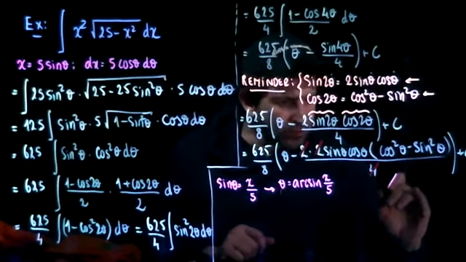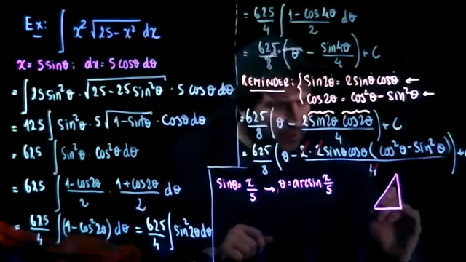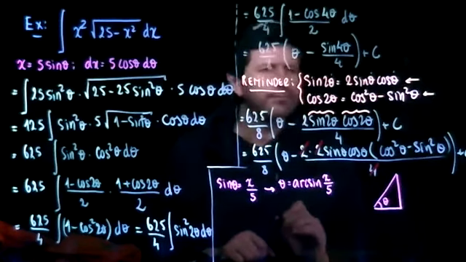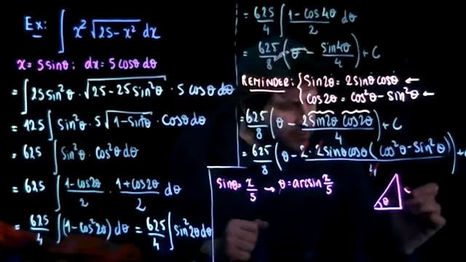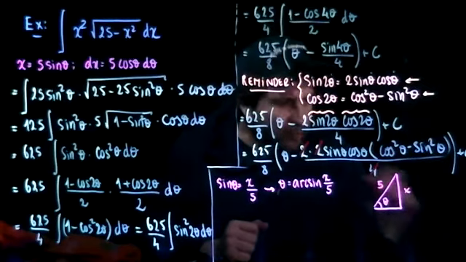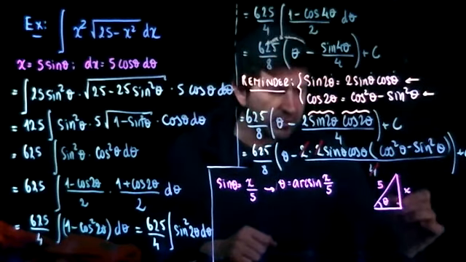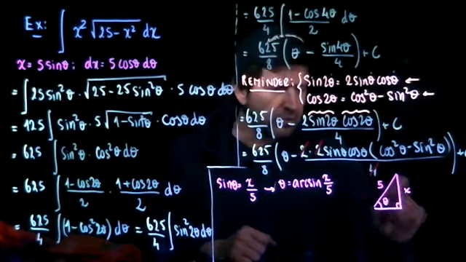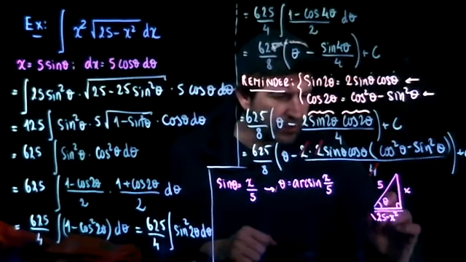So my triangle was like this. Theta. And the sine is the opposite over the hypotenuse, so x over 5. And therefore, the adjacent here will be, using Pythagoras theorem, the square root of 25 minus x squared.